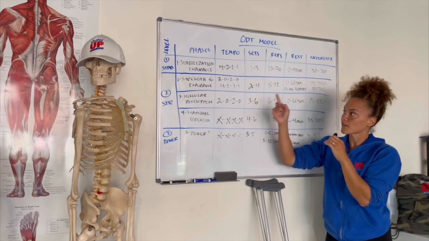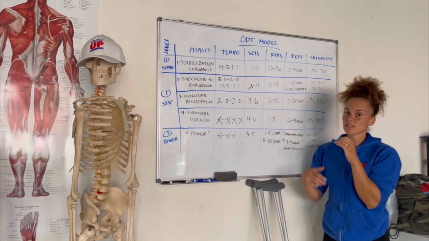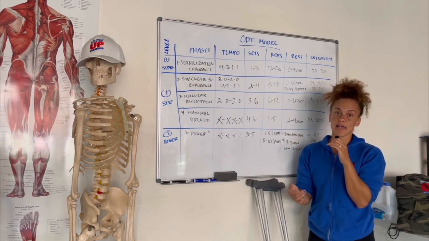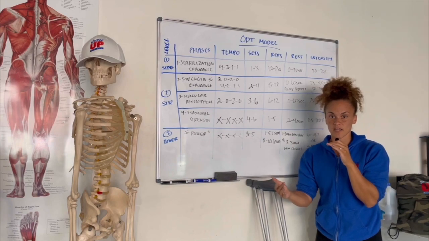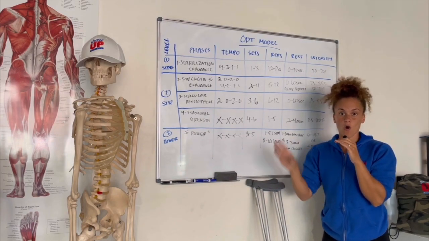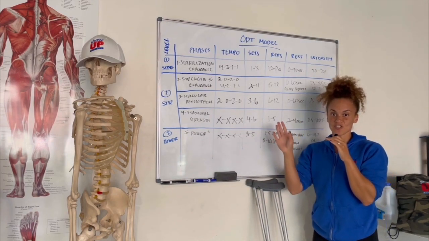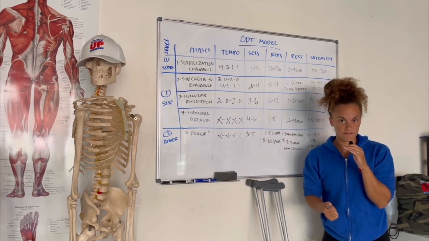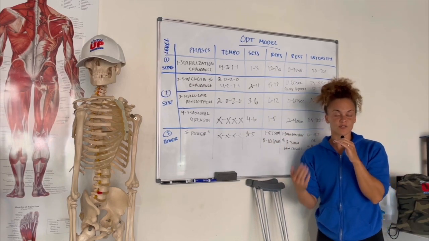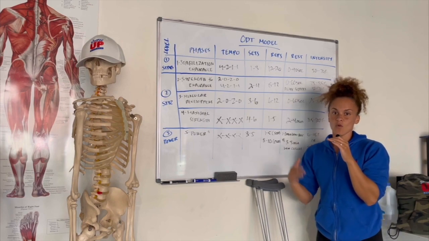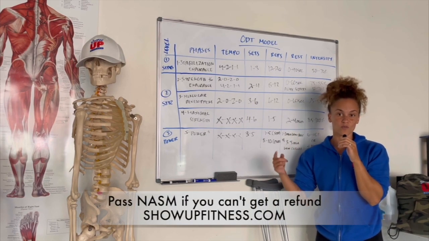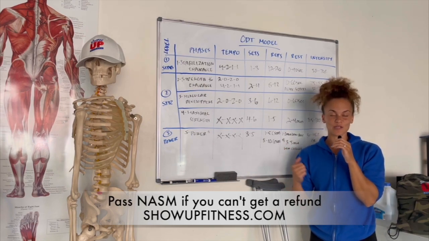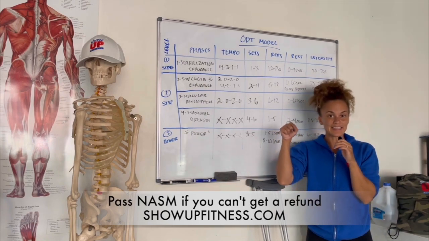So if we look here, phase 1, stabilization, it's going to be stabilization endurance. We have the tempo. So tempo is going to be the speed at which you're performing the exercise. I didn't mention it, but all this is in regards to resistance training, which is what they're going to be looking for here. So when we're doing strength training exercise, what is the tempo? For phase 1, stabilization, it's going to be 4-2-1-1. What those numbers mean when you break it down: 4 seconds eccentrically.